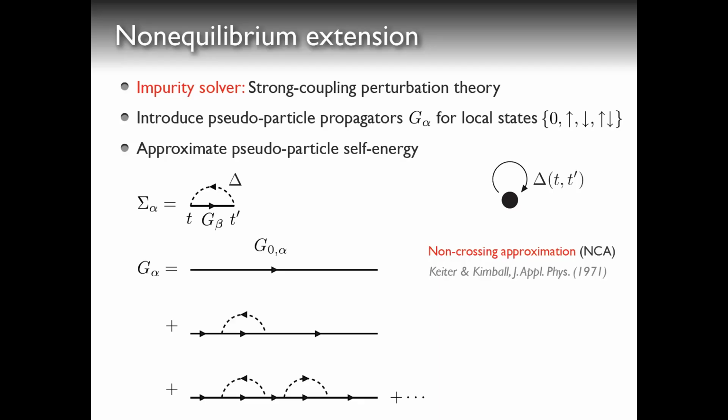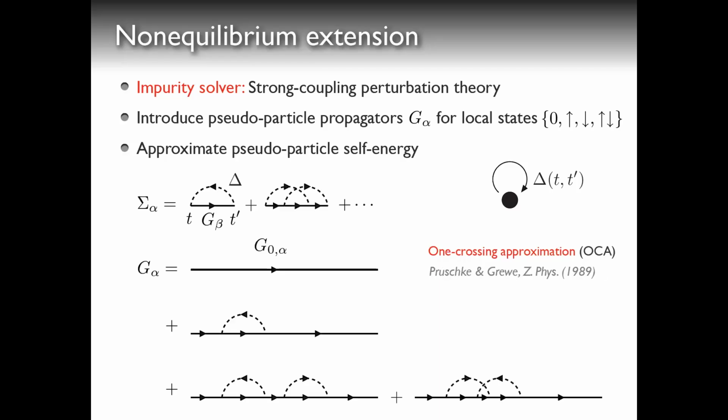That's why this approximation is called the non-crossing approximation. At the next order, we can add the diagram which has one crossing in the hybridization lines. With this, we generate the whole subset of hybridization expansion diagrams which contains at most one crossing in the hybridization lines.